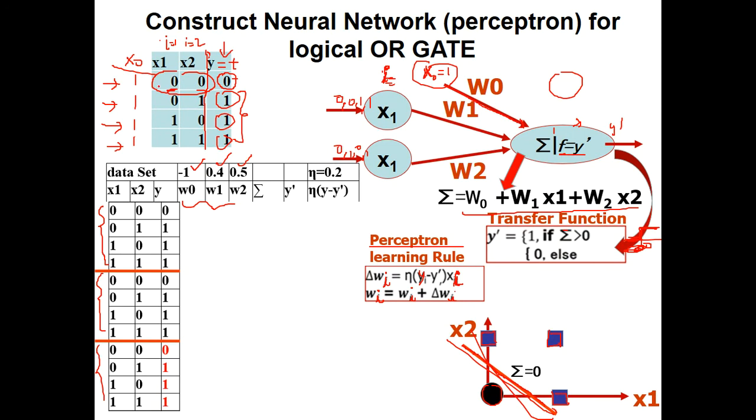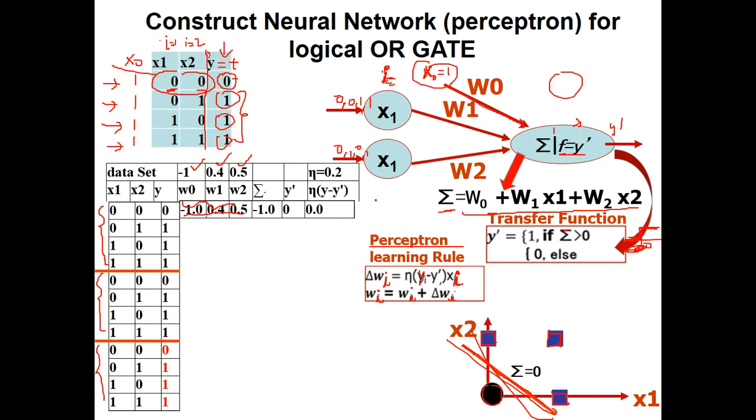feed the first sample 0, 0. Use the same initial values. Now you compute sigma from this formula. So currently x1 is 0, x2 is 0, and W naught is minus 1.